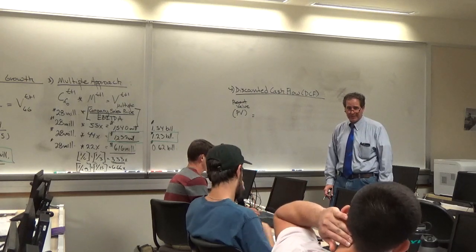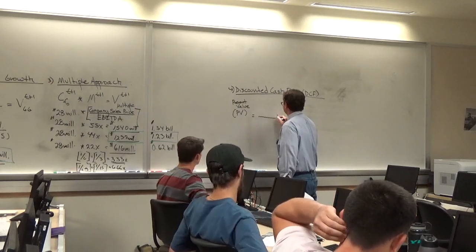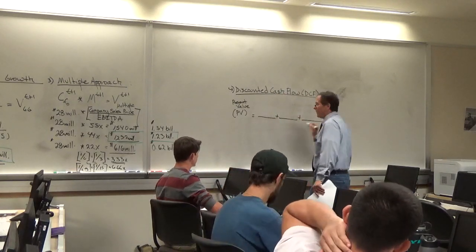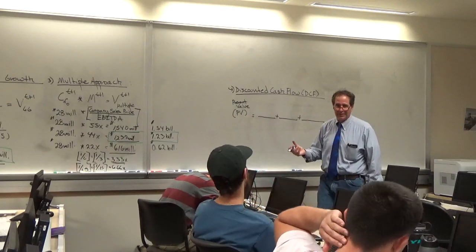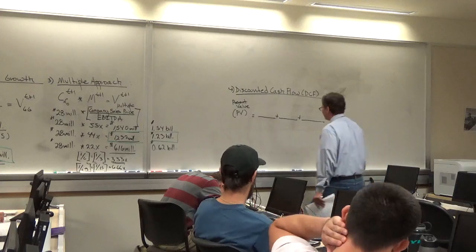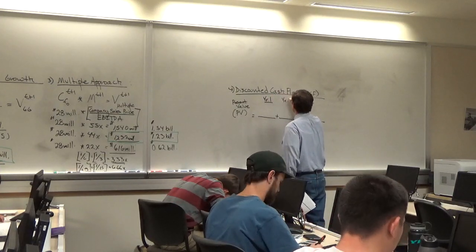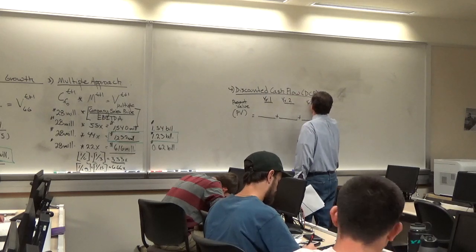Is that the holding period? Yeah. Got it. So you need to know the holding period first. Don't worry, by the time we get through a bunch of these, you guys will be yelling stuff out like that. So this is year 1. This is year 2. This is year 3.